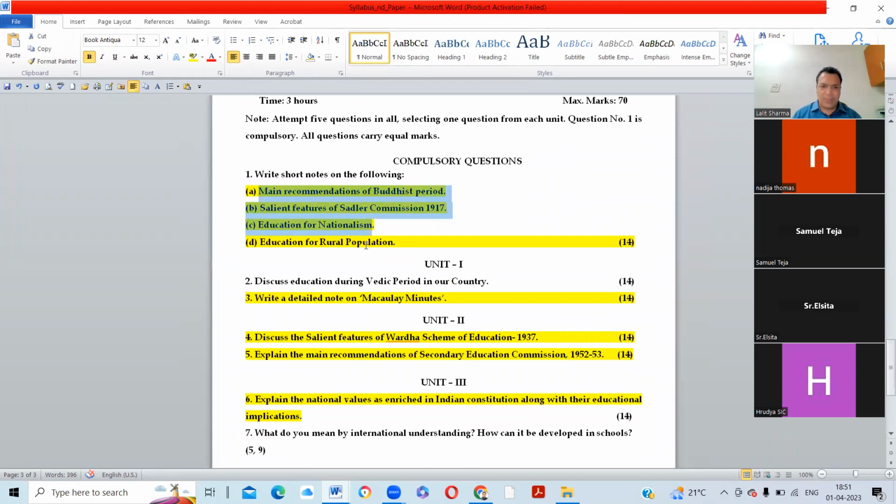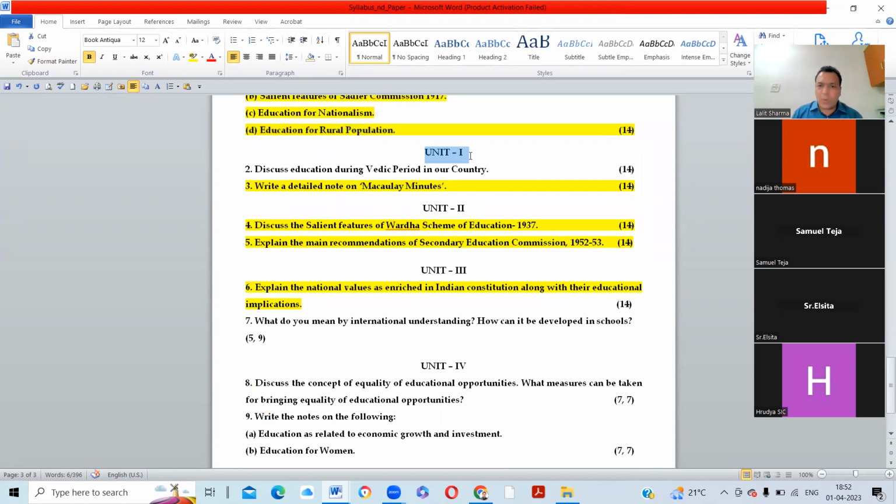We have discussed the first three questions. The fourth question you have to do from your guide: education for the rural population. This is also a general topic, on how education is helpful for the rural population. Similarly, we discussed how education helps national integrity and national understanding.